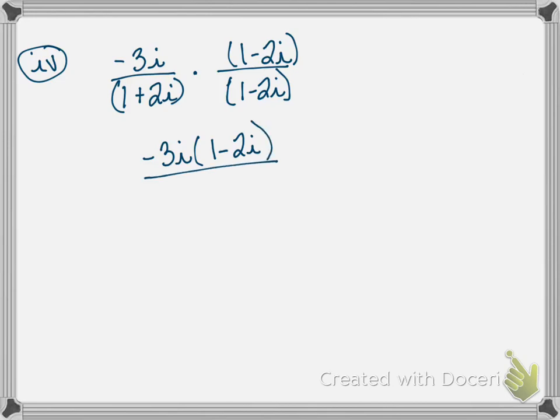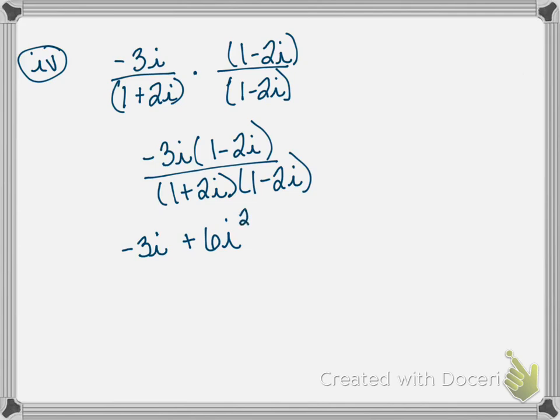Then in the denominator, I have 1 plus 2i times 1 minus 2i. Okay, I'm going to distribute my negative 3i. So I'm going to have negative 3i times 1, and that's negative 3i. Negative 3i times negative 2i is going to be plus 6i squared.